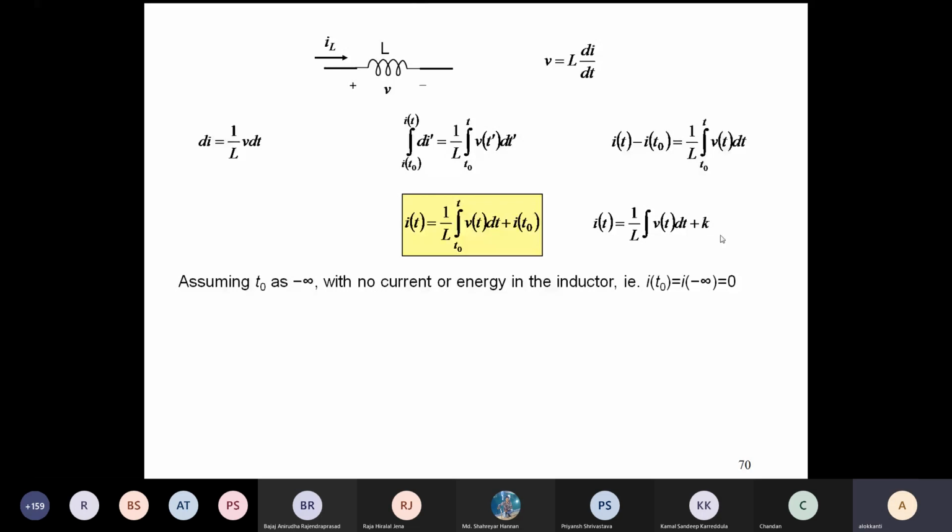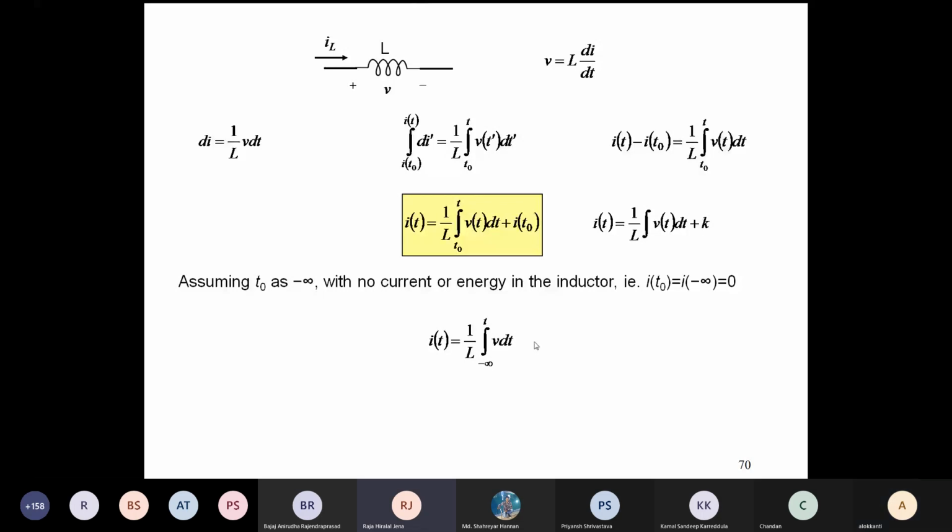That means the time t naught we are taking as the reference was a long time back, when there was no current in the inductor. So we assume i(t naught) equal to i(minus infinity) equal to 0. In that case, your inductor current becomes i(t) = 1/L integral from minus infinity to t of v dt. So we get this simplified expression.